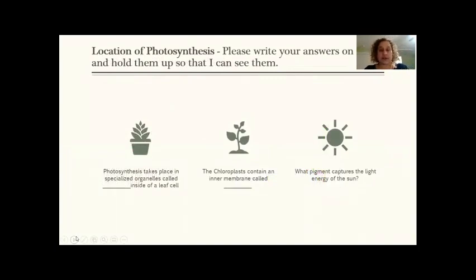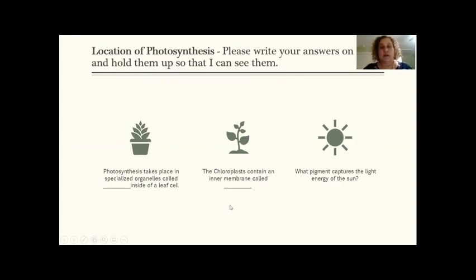All right, let's do another knowledge check to see how everybody's going. Please write your answers on a dry erase board or a piece of paper and hold them up when you're done so I know how you're coming with the questions. First question: photosynthesis takes place in specialized organelles called what, which exist inside the leaf cell? So what are the specialized organelles that conduct photosynthesis?